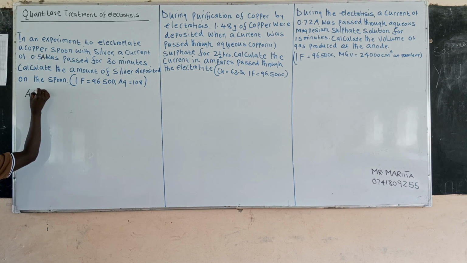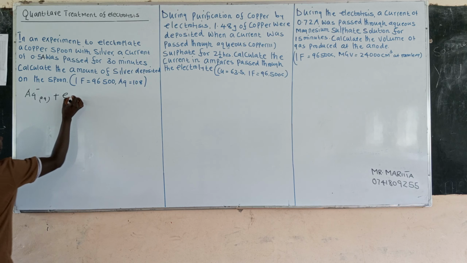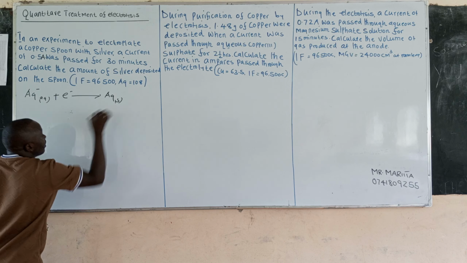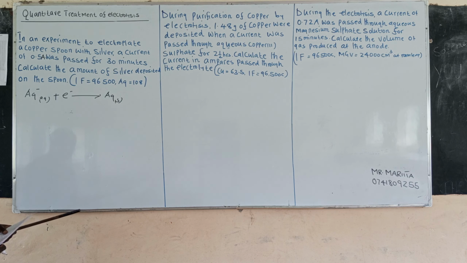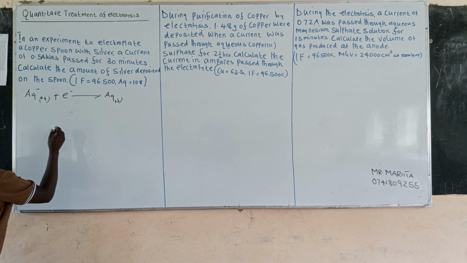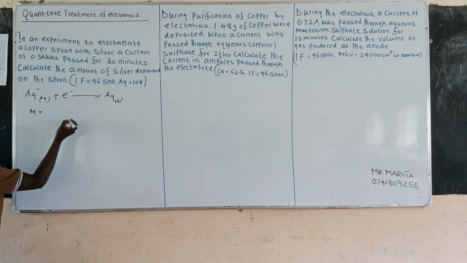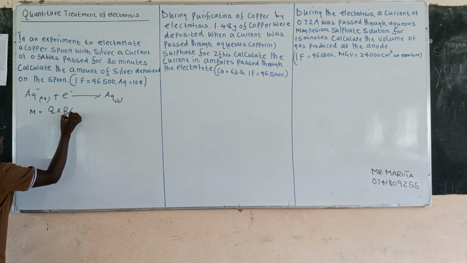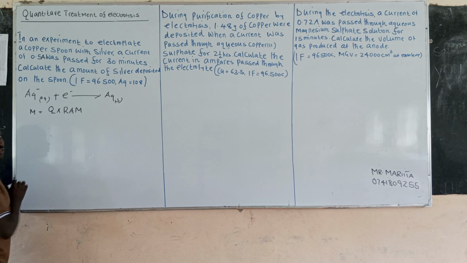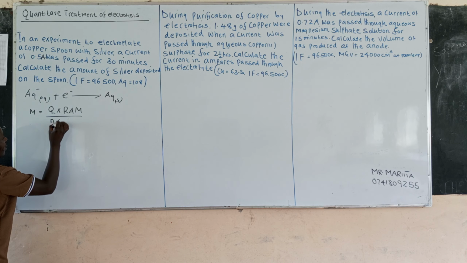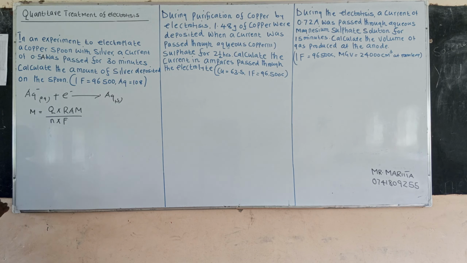So we use the formula for calculating mass: mass equals Q times RAM, the relative atomic mass, divided by n times the number of Faradays.